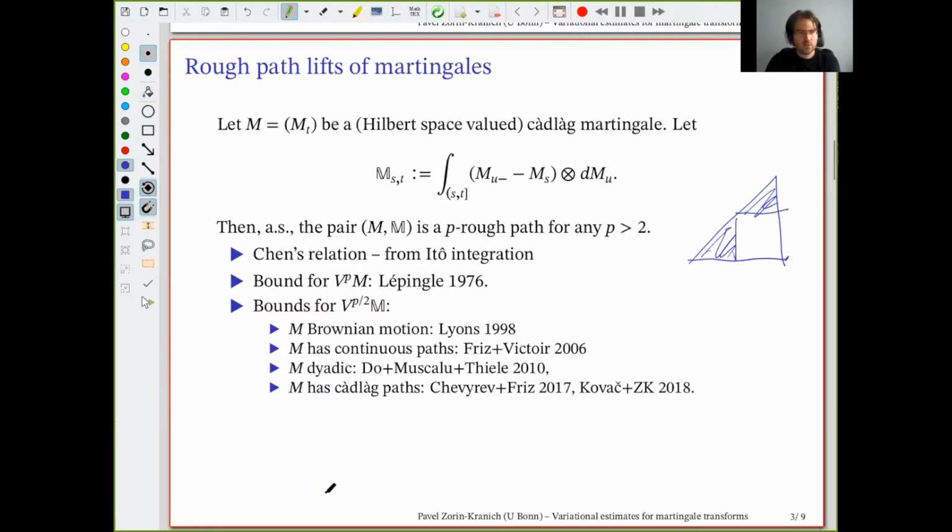For general martingales with càdlàg paths, such a variational bound for the area term was proved by Chevyrev and Friz in 2017 using Lépingle's argument, and Vitasaari and myself gave a different proof of a more general result in 2018, coming from this harmonic analysis picture.